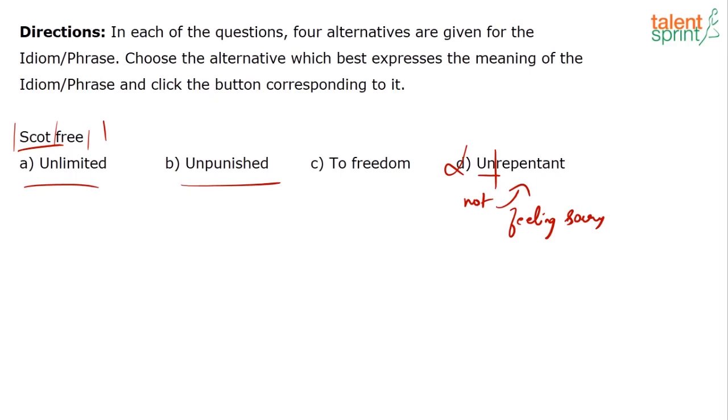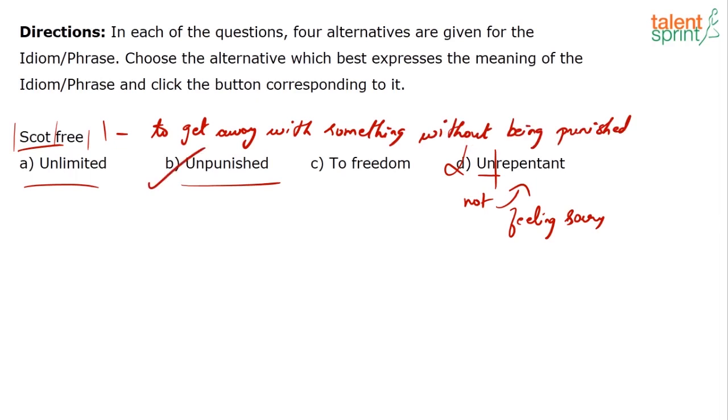So they are let scot-free. When I say this person was let scot-free, it means they got away with something without being punished. So scot-free means to get away with something. That something is wrong or incorrect, done without being punished. Answer is B.